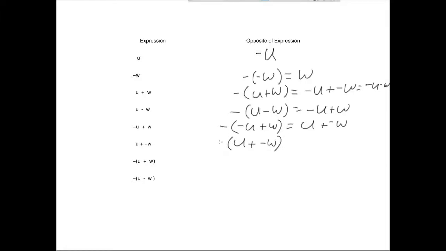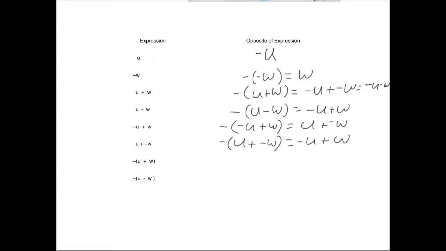The opposite of that is here. And you'll see what we did right here was an op-op operation. We took the opposite of u plus w to get down to here. Okay, the opposite of a sum. Here, the expression there is its opposite.